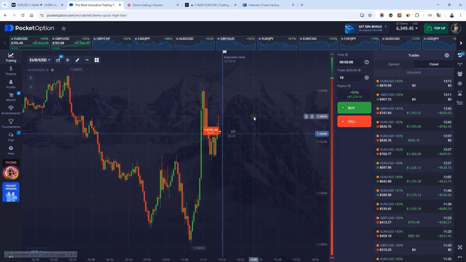Now let's wait and see. So the big question is, will this trade turn out to be a win or not? Well, yes, based on everything we see in our current strategy, it really should be a win for us.